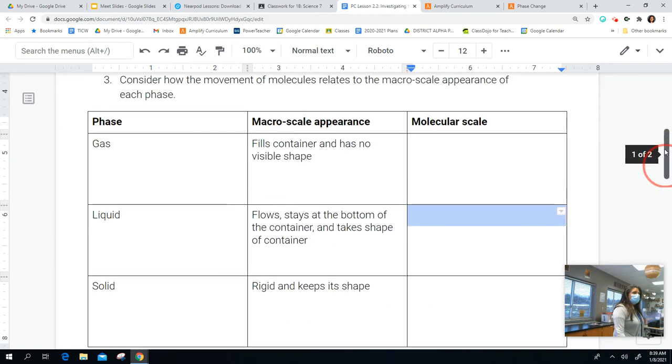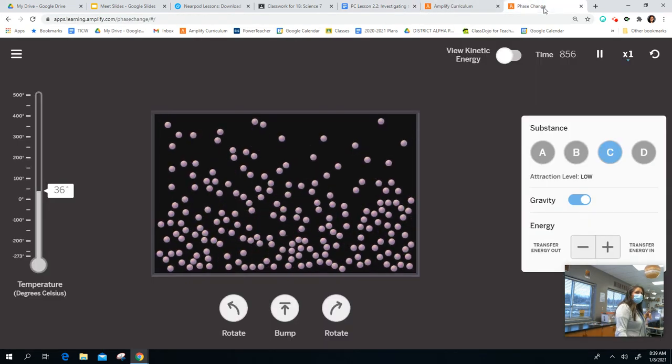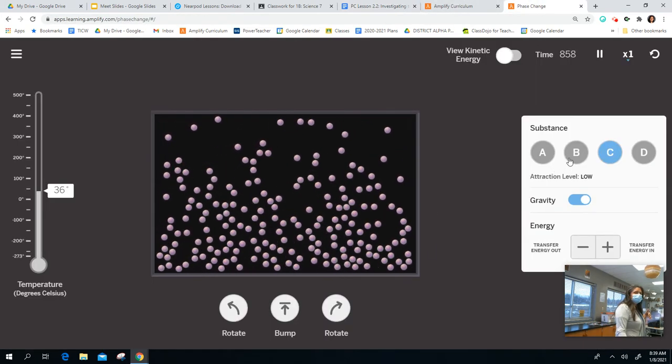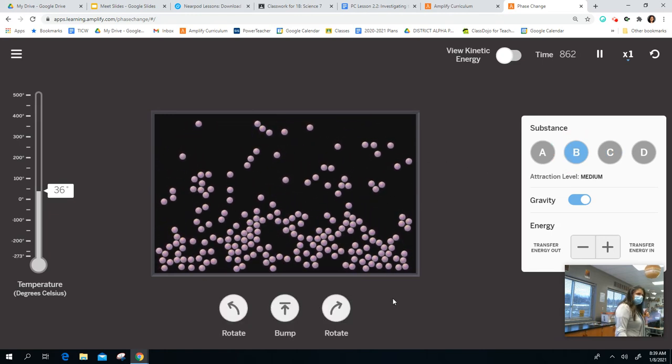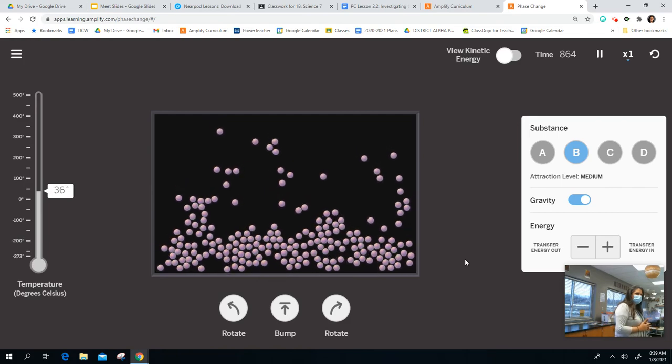So for gas, Sky told us, and the key of what she said was that they were everywhere. In a gas, those molecules were everywhere. Was that true of the liquid? Were they everywhere, all of the molecules? So for our liquid, we got to give them a minute to kind of get into place.